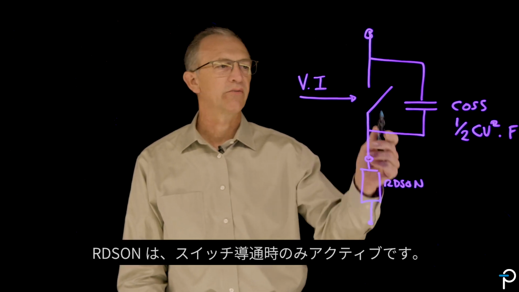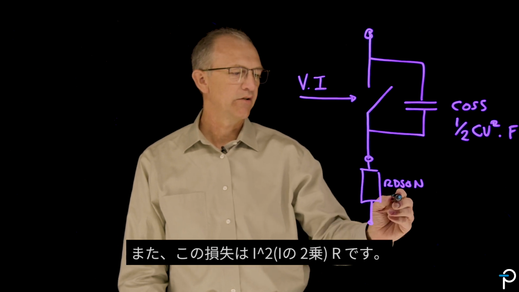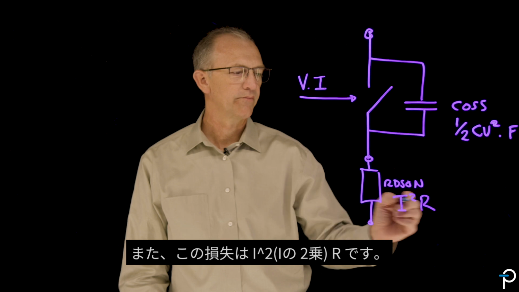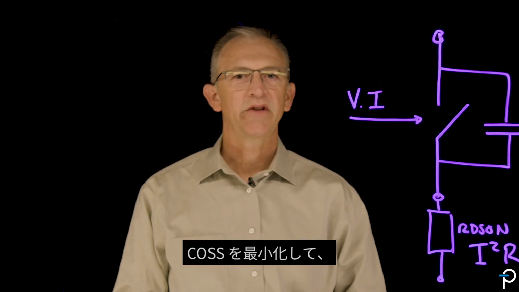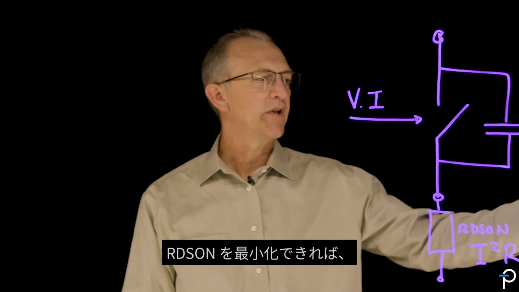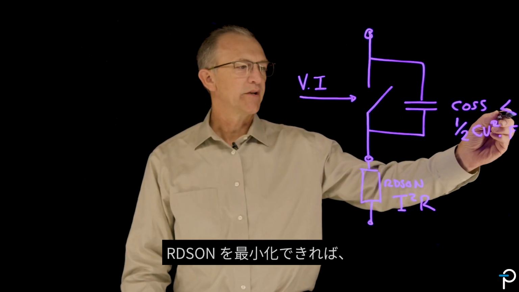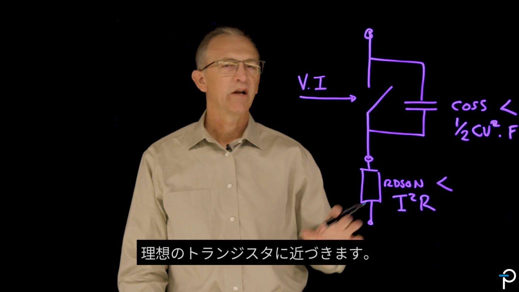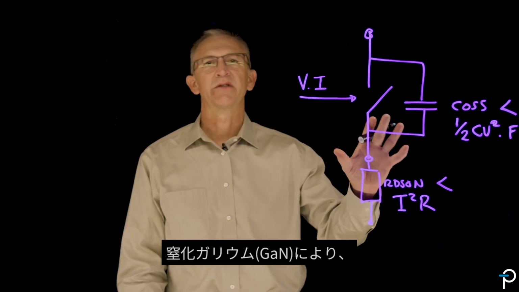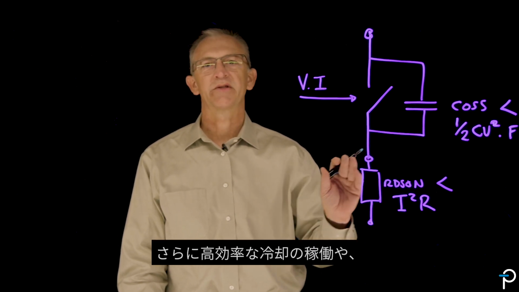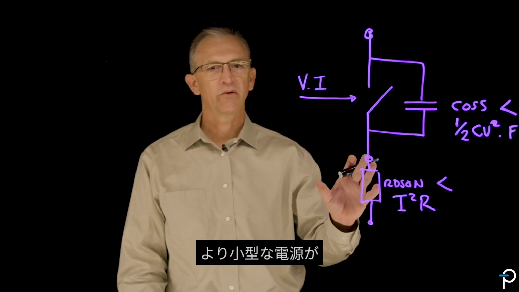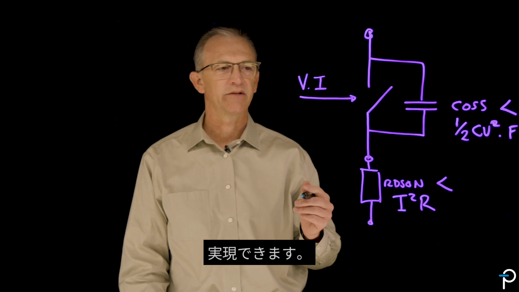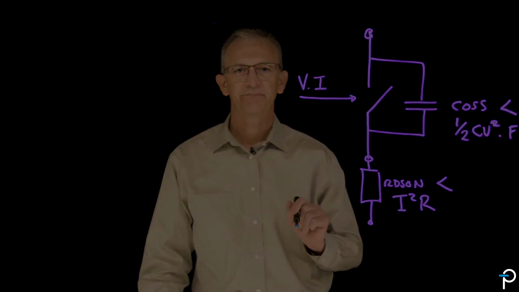RDS(on) is only active when the switch is conducting, and the losses here are I squared R. We get closer to the ideal transistor if we can minimize COSS and if we can minimize RDS(on). Gallium nitride does this for us in a way that allows us to make more efficient, cooler running, and more compact power supplies. Let me show you how.